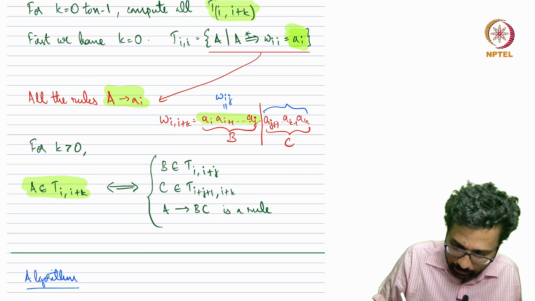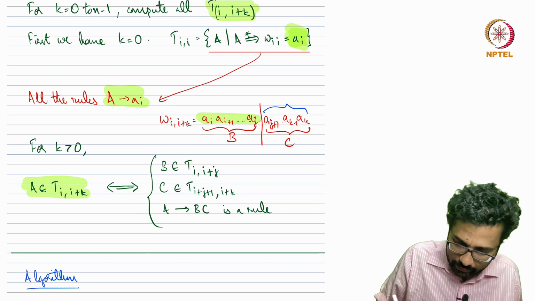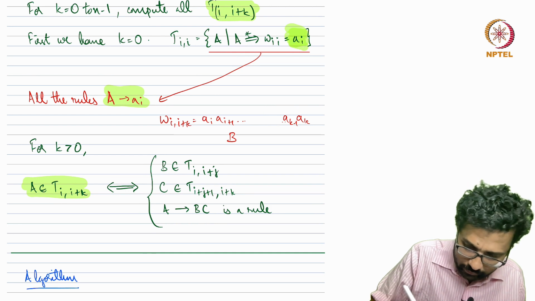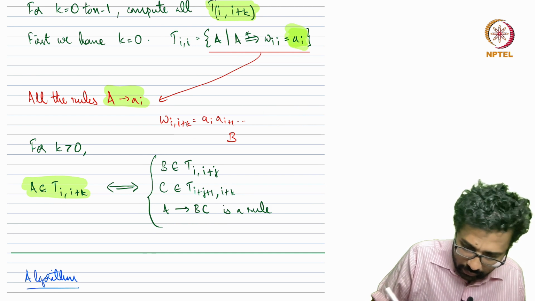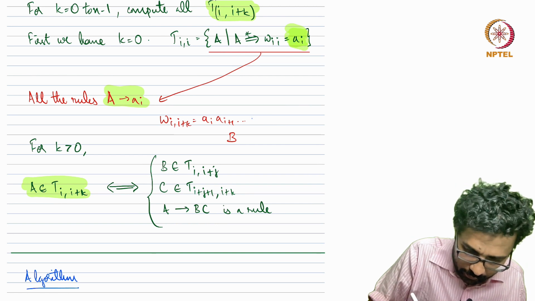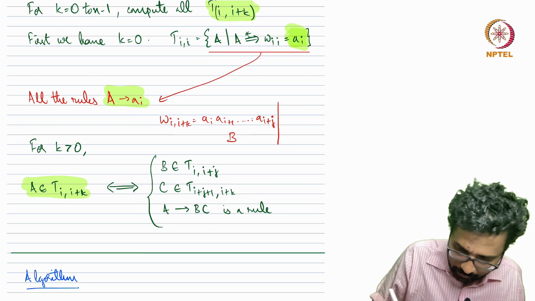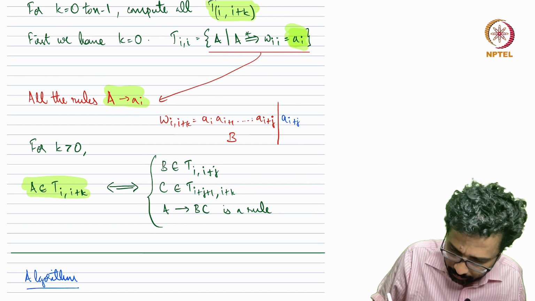I'll just change it a bit. Instead of i j, I want to say it a bit differently. So I'll say i plus j. Maybe I'll use a different color for the right side: i plus j plus 1 to i plus k.